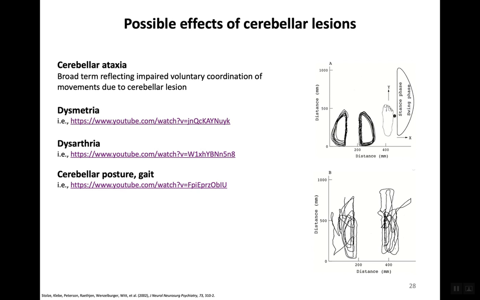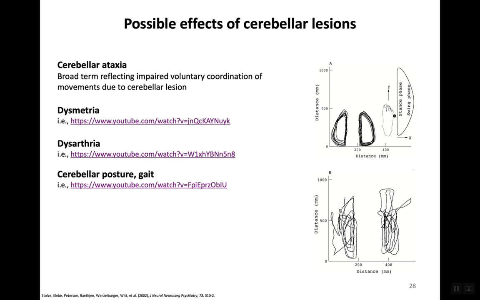Now, it's a bit difficult to express or to provide a phenomenological experience of what any of these types of ataxia would manifest themselves like, but I've included a number of clips here to aid a bit that understanding.